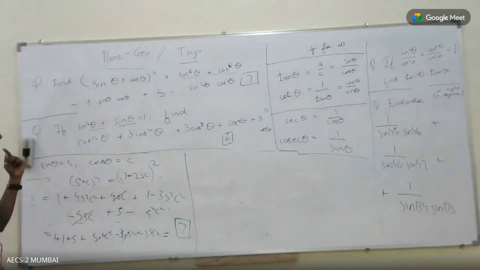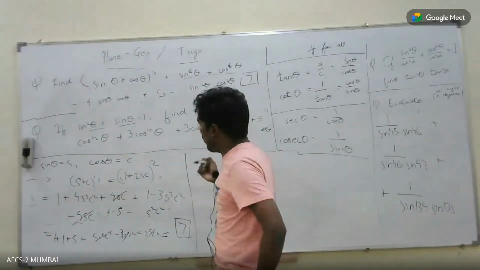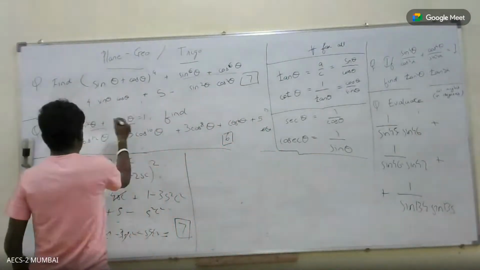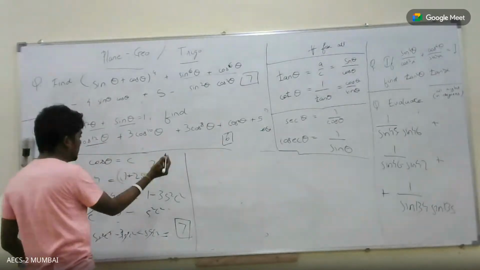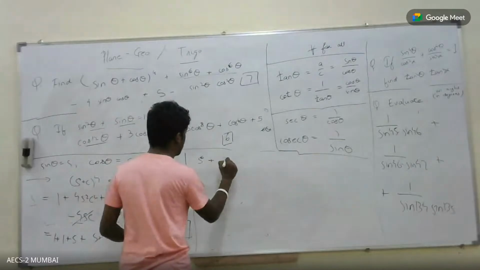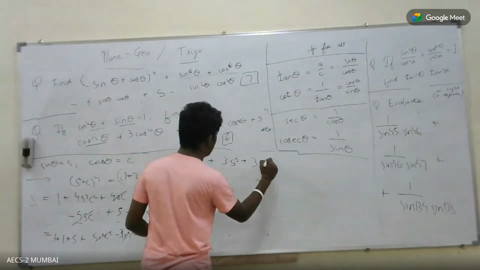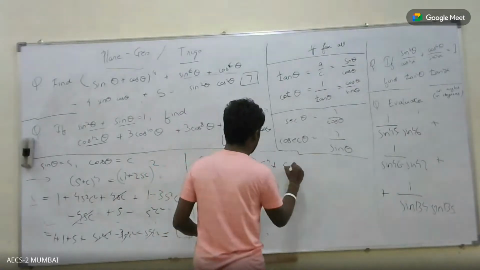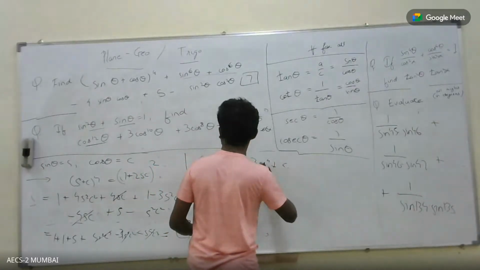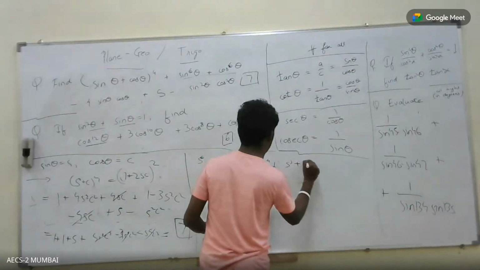Right? So when we write cos²θ in that form, you get that cos²θ is equal to sinθ, so the expression is basically s⁶ plus 3s⁵ plus 3s⁴ plus s³ plus 5.